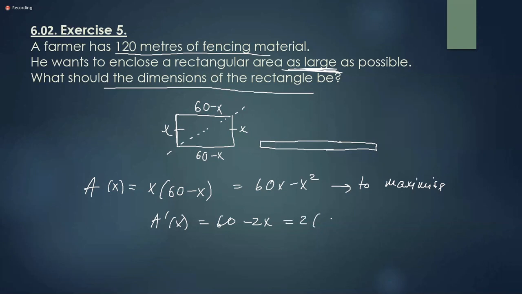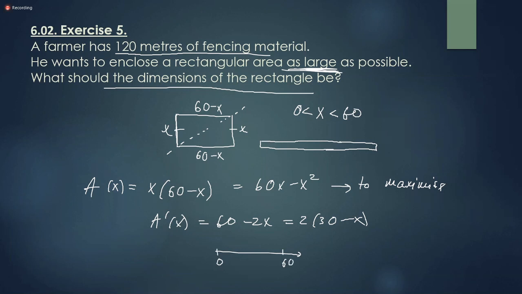We see that, of course, there are some limitations. x has to be positive, because otherwise we don't have an enclosure or an area. And x has to be less than 60, because otherwise we won't have this other side, and this side also needs to be positive. So x is limited to between 0 and 60.